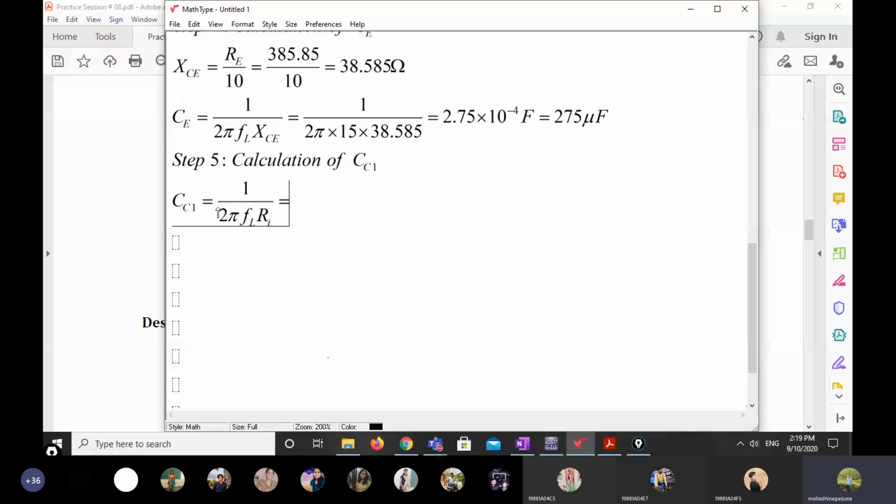So that equal to 1 divided by 2 pi into 15, and Ri is input impedance. Input impedance is what? HIE value, 1100 ohms. This is 1100 ohms, the HIE value.